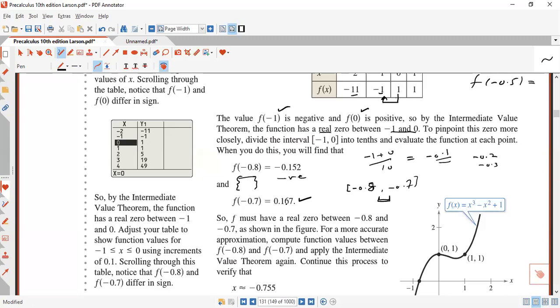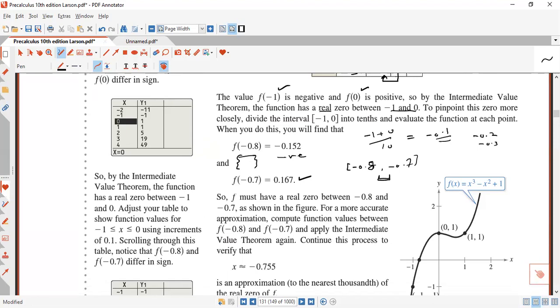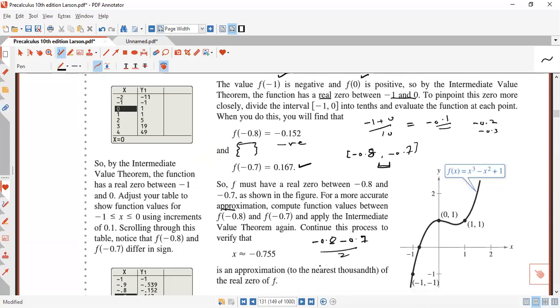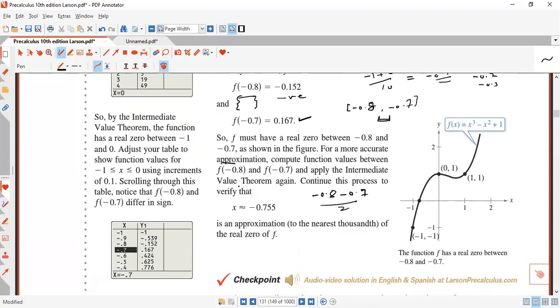So if you are not solving analytically, then you may get an approximate value, and that point will be in between these two numbers, means -0.8 plus -0.7 divided by 2. You may also write that we don't know the exact value, but approximate.